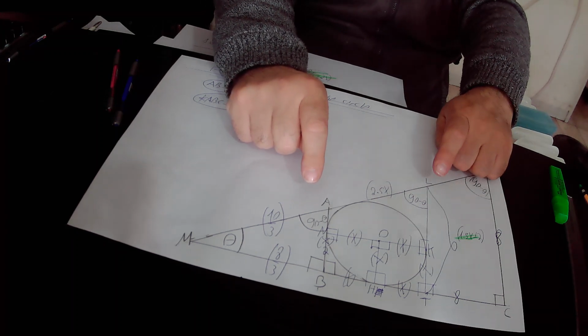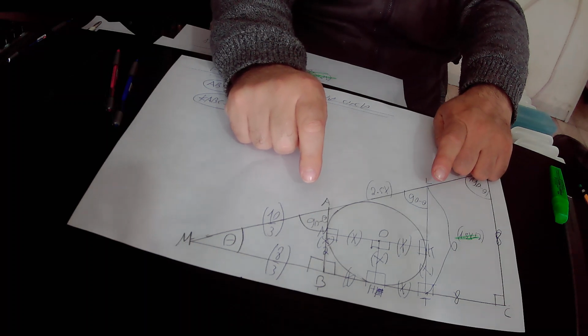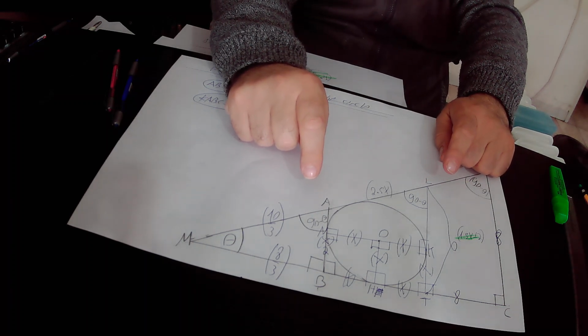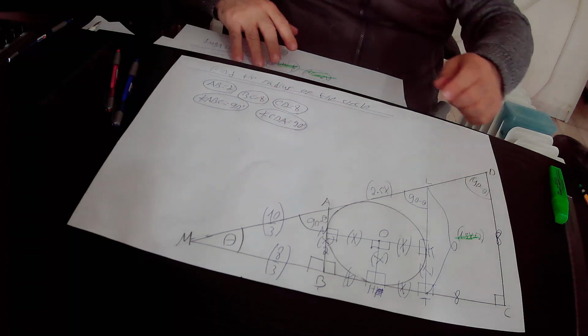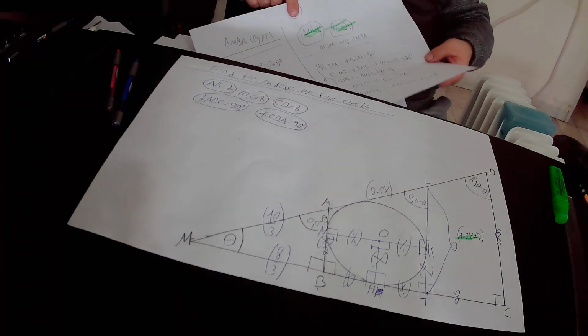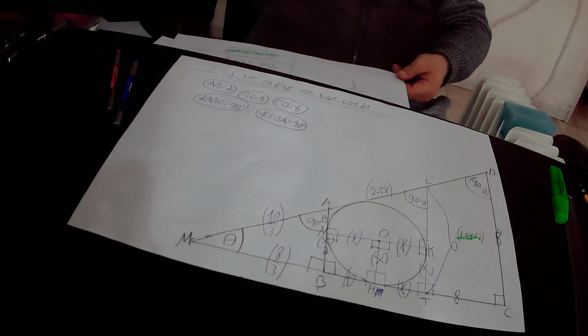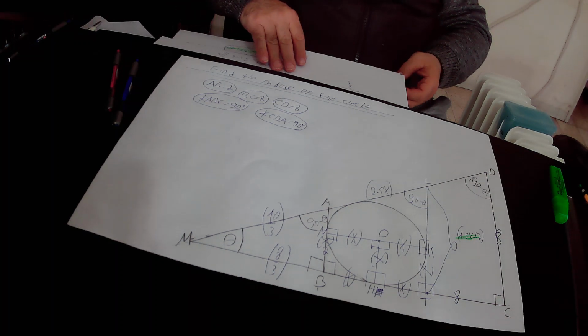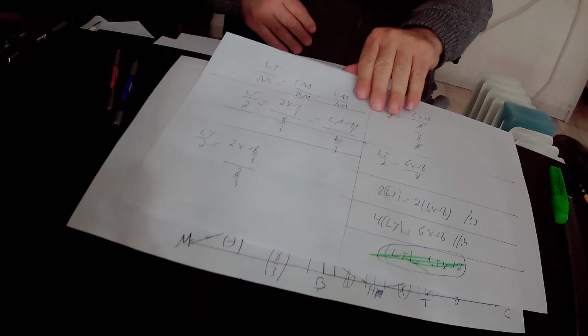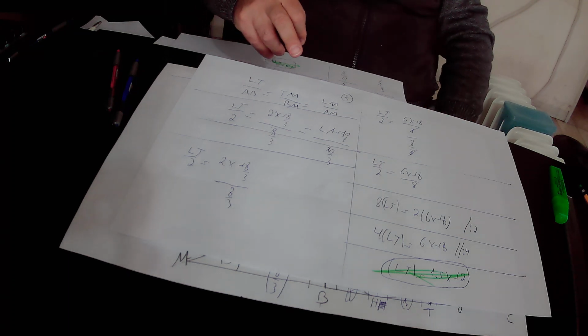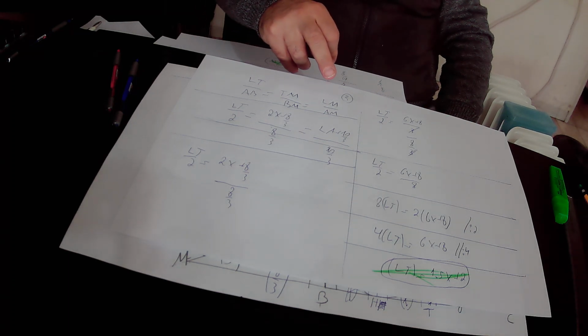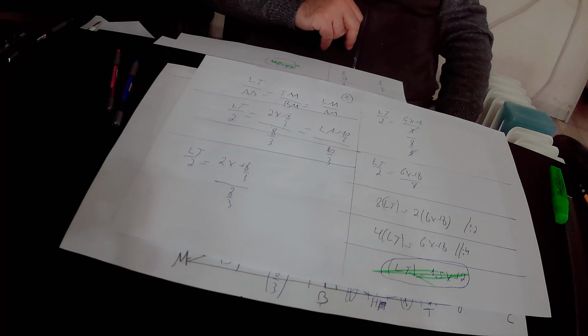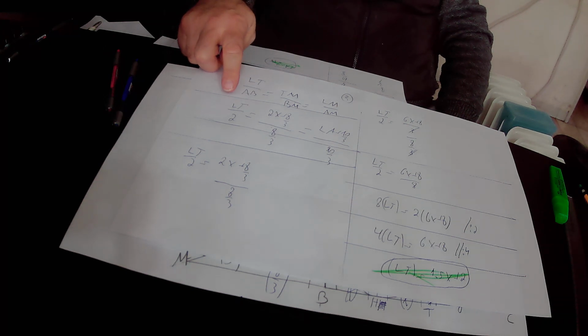And from the fact that those two right triangles are similar, we derive that the following relationship exists between their sides: LT over AB equals TM over BM equals LM over AM. LT is the missing side, so we leave it as it is, over AB.